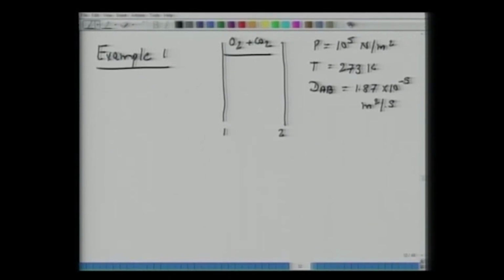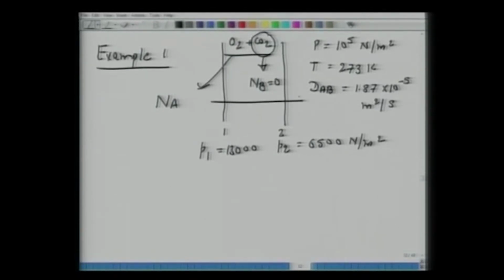The carbon dioxide, CO2, is stagnant. When we say CO2 is stagnant or non-diffusing, essentially we are saying that N_B equals 0. Due to a concentration gradient, the partial pressure at plane 1 is 13,000 and at plane 2, P_A2 equals 6500 Newton per meter square. We are interested in finding the diffusion flux of N_A in kilomole per second per meter square.